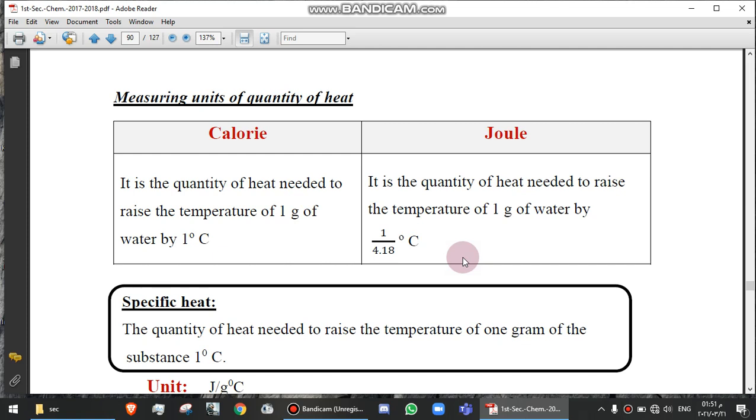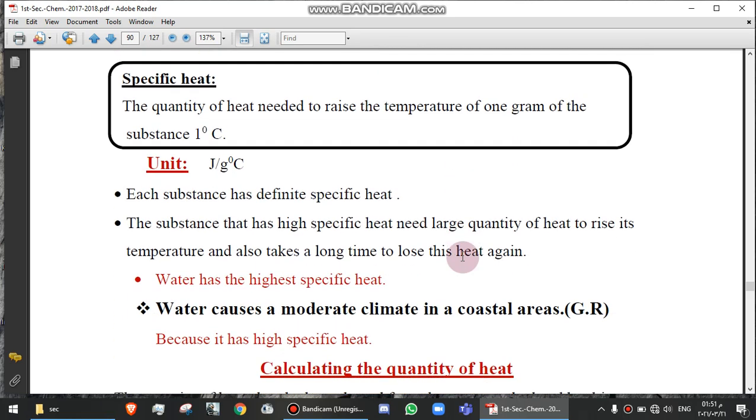Okay? Now, what is the meaning of specific heat? Specific heat is the quantity of heat needed to raise the temperature of 1 gram of a substance, not water only, by 1 degree Celsius. Okay? So there is a specific heat for iron, for copper, for aluminum, for water. Its measuring unit is joule per gram degree Celsius.